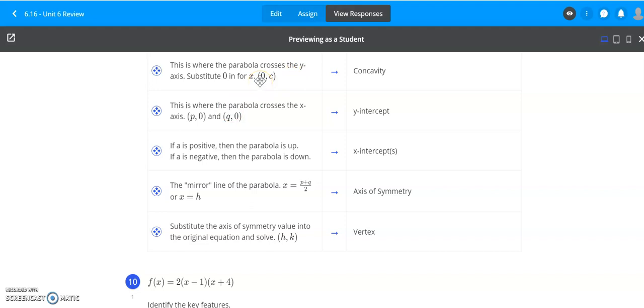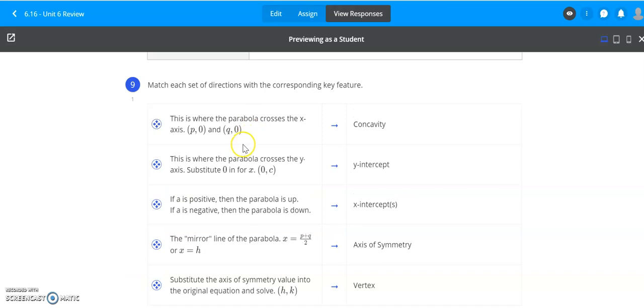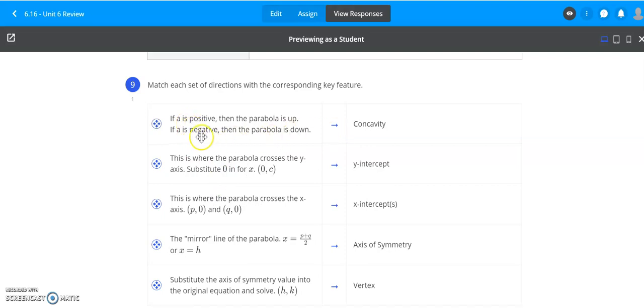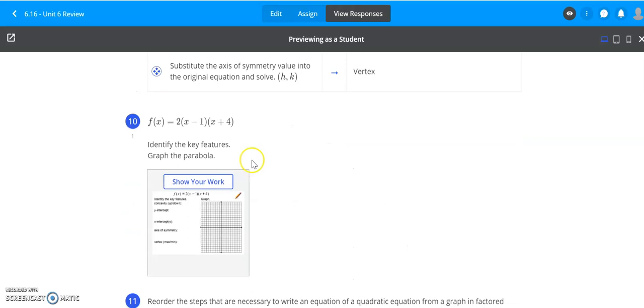Substitute 0 for x. Y-intercept. This is where the parabola crosses the x-axis. These are x-intercepts. And finally, if a is positive, then the parabola is up. That's concavity. If a is negative, then the parabola is down. Concavity. We are good there.